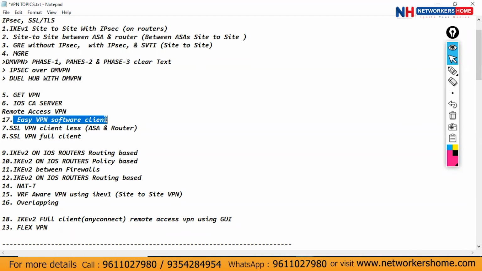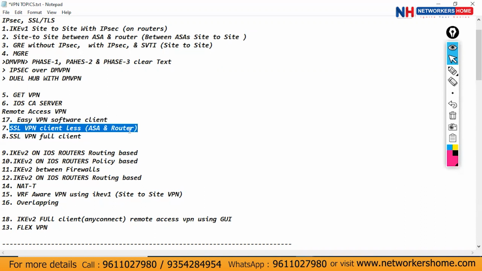But today, Diffie-Hellman group 24 has come. Elliptic curve has come. Many advanced things have come. So if it is not supported, then it's of no meaning. MD5 and 3DES were cracked by hackers in 2016 itself. If you say that I'll implement such a technology in today's date, it's not possible.